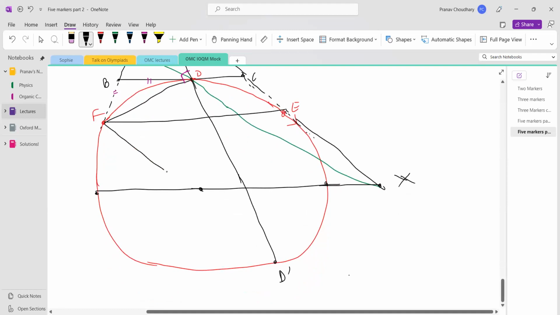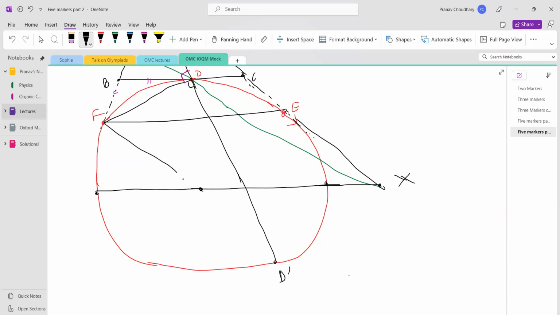Then since this angle is also 90, FD dash is the diameter, right? And since FE is parallel to IAX, we reflect E over this parallel line.